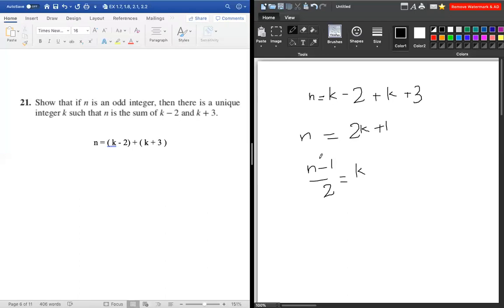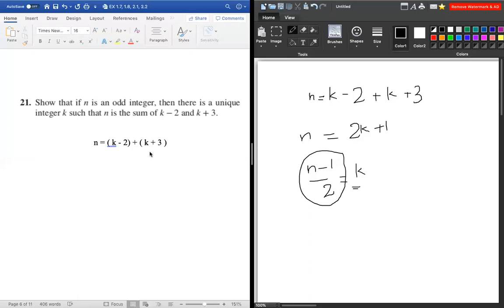In other words, this is the one and only value of k that makes our equation true, because n is odd, so n minus 1 is even, so k is an integer. When we solve this, we get our value of k, and that's the only value of k which will make this equation true.